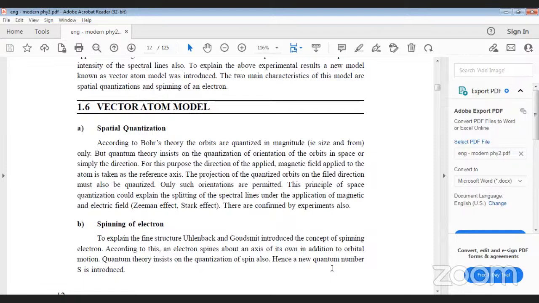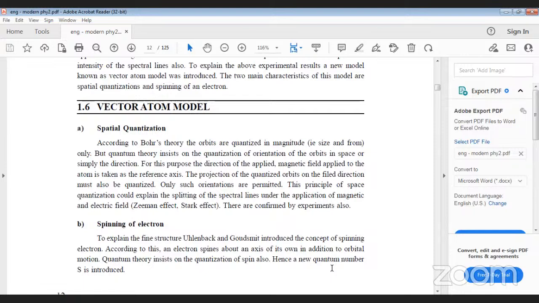How the electron revolves around the nucleus is based on this spatial quantization, that is, in which direction the electron moves.